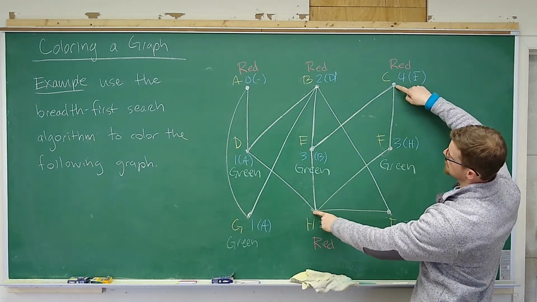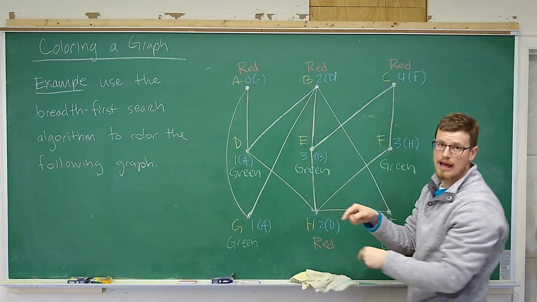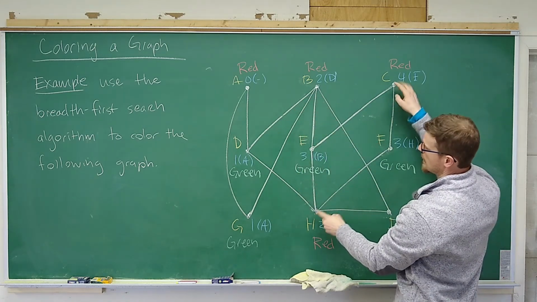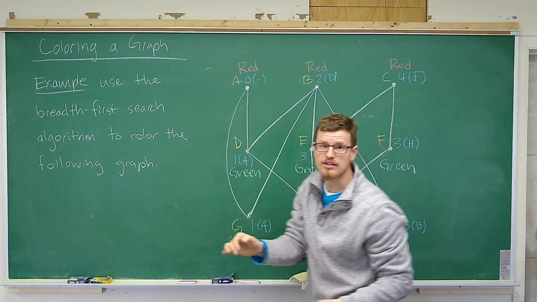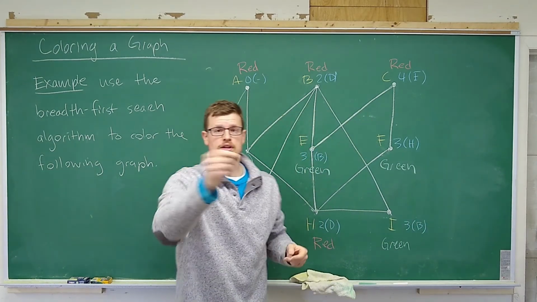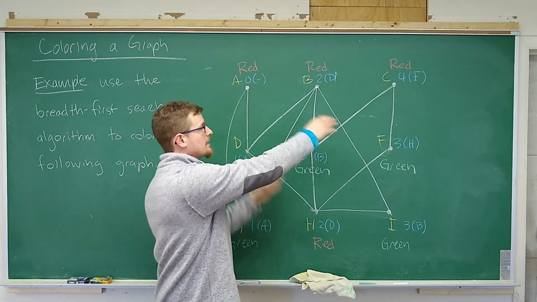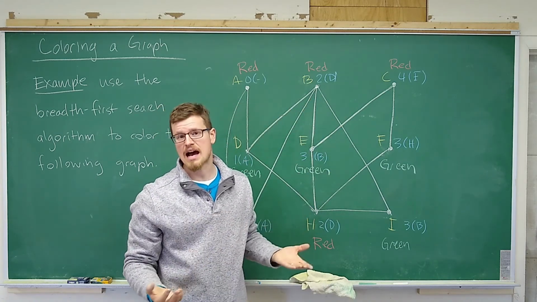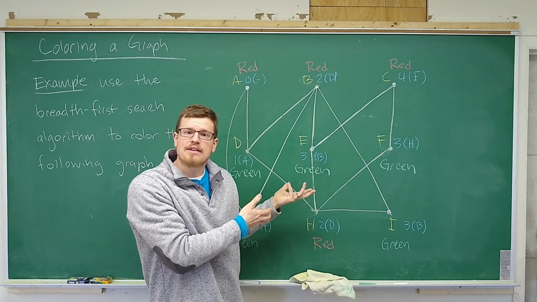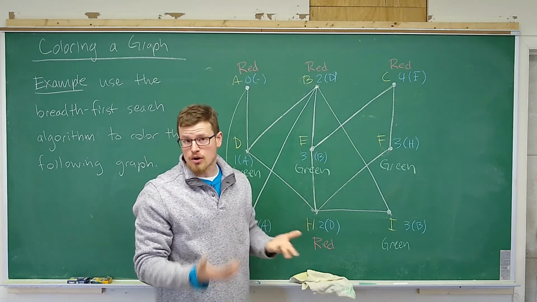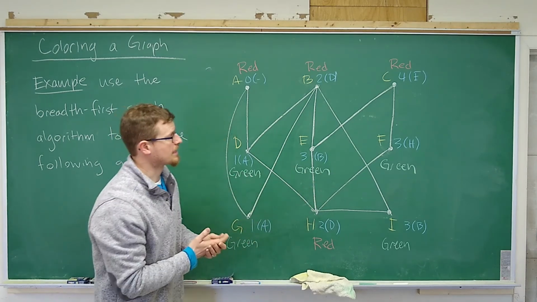If I were to travel back to A, then I would have an even number of edges. And if I wanted to connect those two, they could not be adjacent to one another because that would give me an even number plus 1, which is an odd number, which would mean we'd have an odd cycle in here. But there are no odd cycles. So again, that's why it works.